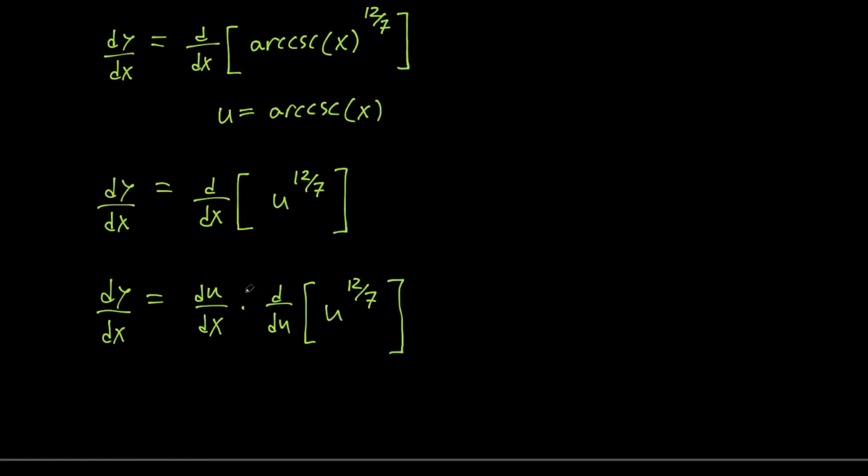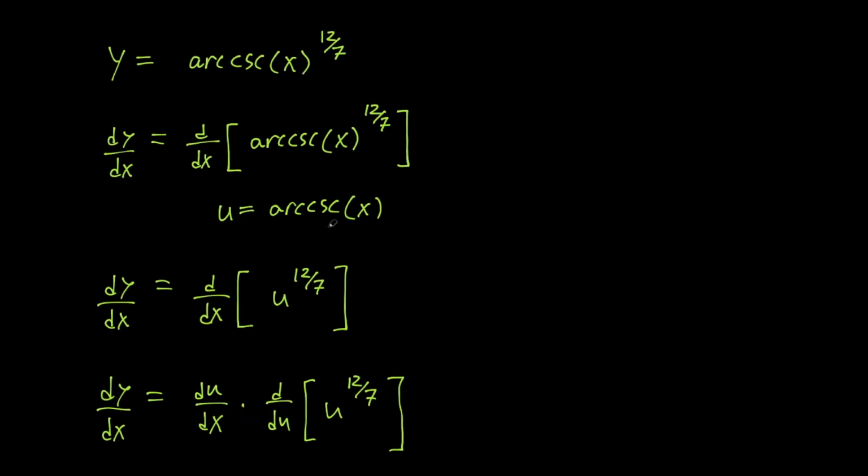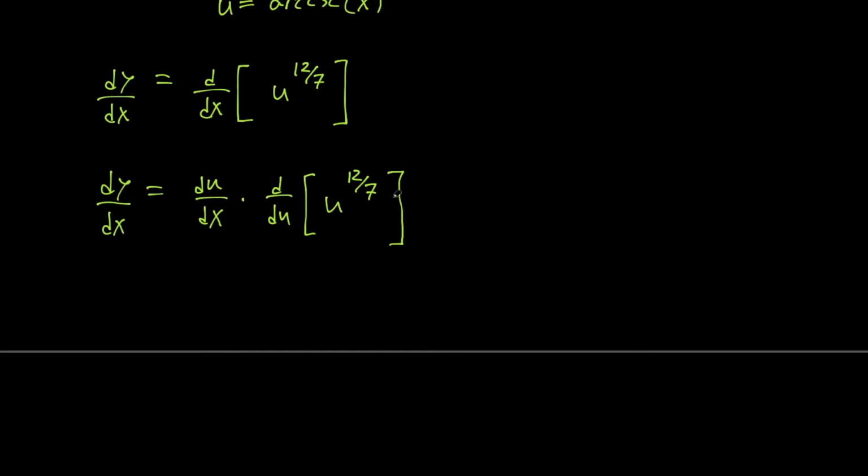And u, as we set up here, is equal to arc cosecant of x, and we already worked out in the main derivation video that the derivative of arc cosecant is going to be equal to -1 over x squared times the square root of 1 minus 1 over x squared. And we're going to multiply that by the derivative of u to the 12 sevenths with respect to u.